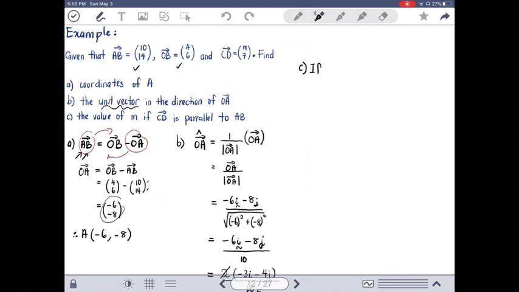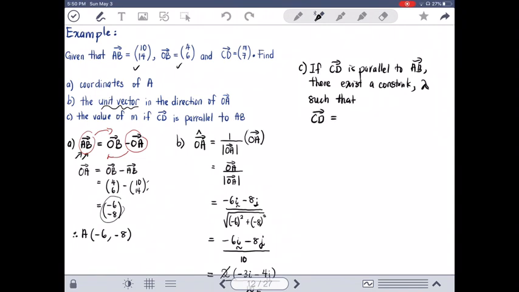If CD is parallel to AB, there exists a constant, I would put it as maybe lambda, such that CD equals lambda AB. This is the fact when you deal with parallel vectors.